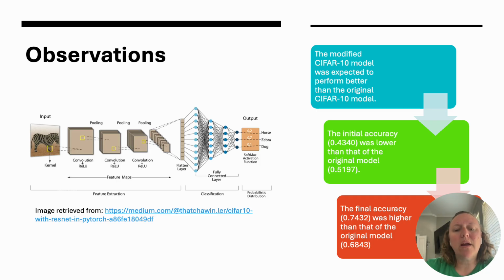The deeper network has more parameters to learn, so it ultimately takes longer to find good initial patterns. The model continued improving steadily, reaching a final accuracy of 74.11%. That's a 5.68% point improvement over the original model, a relative improvement of nearly 8.5%.